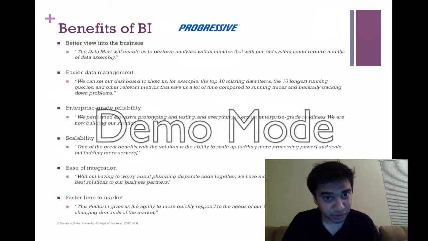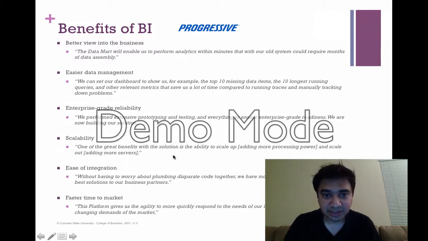So obviously better view into business, easier data management with the help of BI dashboards. They can find the top 10 missing data items, longest running queries, and they get relevant metrics, which helps them save a lot of time. Earlier it was a manual process, and now they get all relevant information in the form of dashboards.